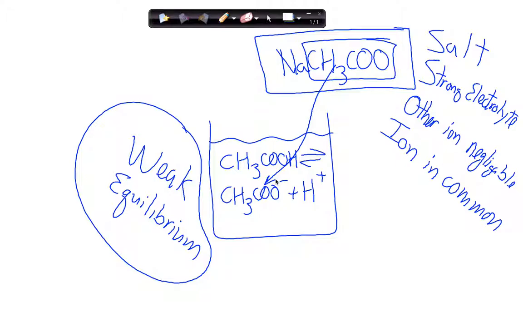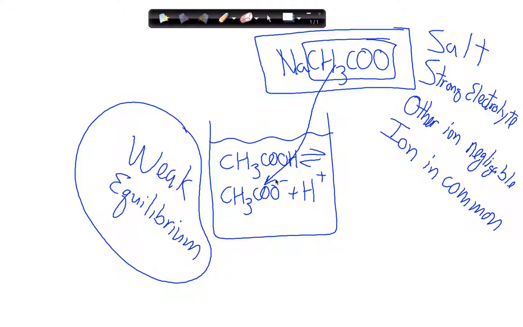Go ahead. Yeah, the question and a comment. So the comment is, it kind of makes sense because what you're doing is adding a conjugate base, essentially, even though it wasn't created the same way. And the equilibrium CH3COO minus is a conjugate base. That's right. So let's make that into a statement. If our weak electrolyte is a weak acid, then the ion that we will be adding is the conjugate base ion.